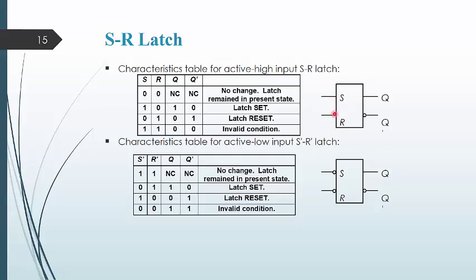But as S dash R dash are active low, on the input side the bubbles are present. While for these latches, whether active high or active low, the outputs will be Q and Q dash only. That's why on the output side, either for active high or active low input latch, the outputs are specified as Q and Q bar.